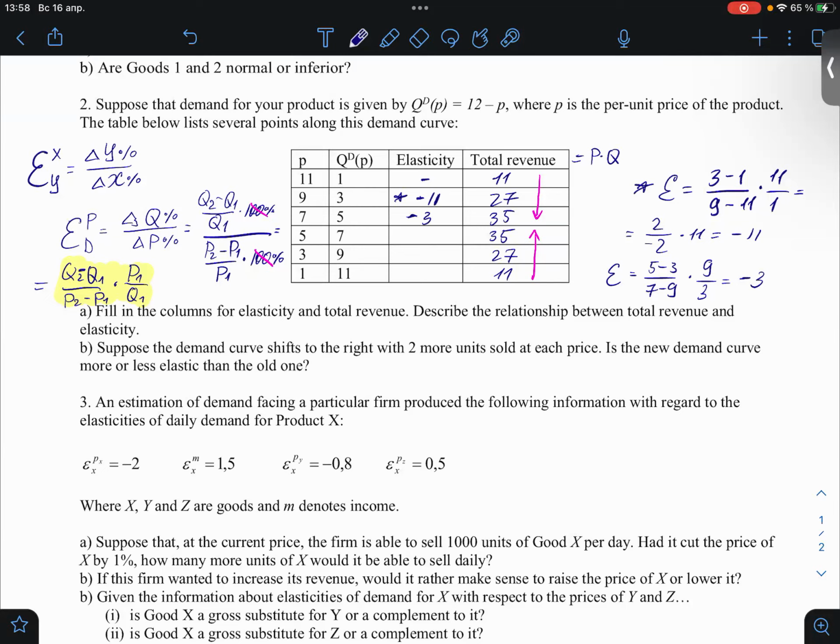Then next, okay, here, elasticity: 7 minus 5 over 5 minus 7 multiplied by the first price. The first price was 7 over the first quantity 5. And this is minus 7 over 5. It's minus 1.4, if I'm not mistaken. 2 over 5, yes, 4. Minus 1.4.